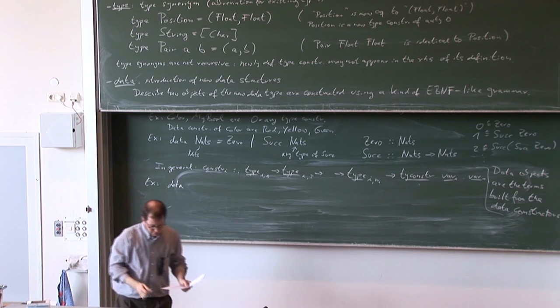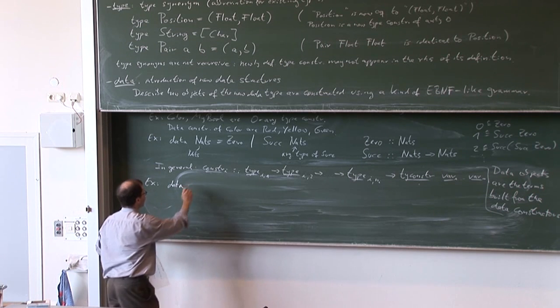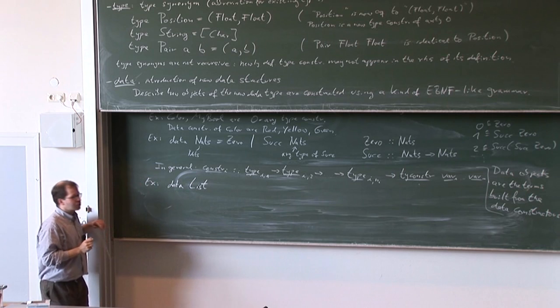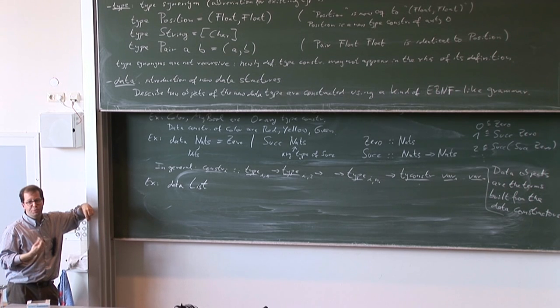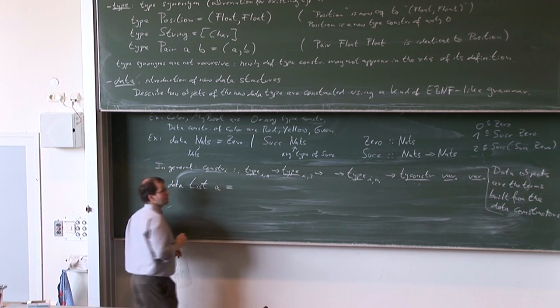Now, lists, let's call the new data type List. But List should not be a new type constructor of arity 0, but it should be a type constructor of arity 1. Because we want to have lists of elements of a certain type. So the idea would be to say something like this.